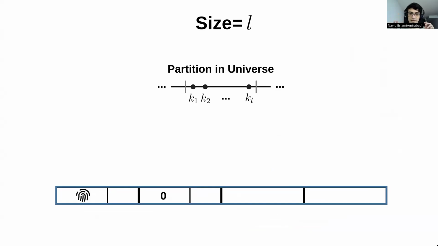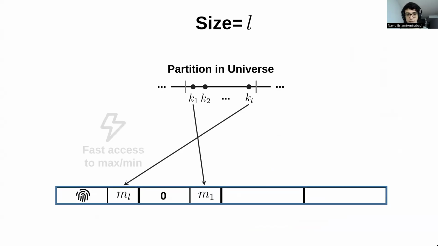So this 0 fingerprint is going to act as a cue or an escape sequence that tells the filter that this specific encoding of the keepsake box is in this special case. Then we're going to store the maximum memento next to the fingerprint and the minimum memento next to the 0 fingerprint. This allows us to have fast access to the maximum and minimum, which enables speeding up queries significantly.